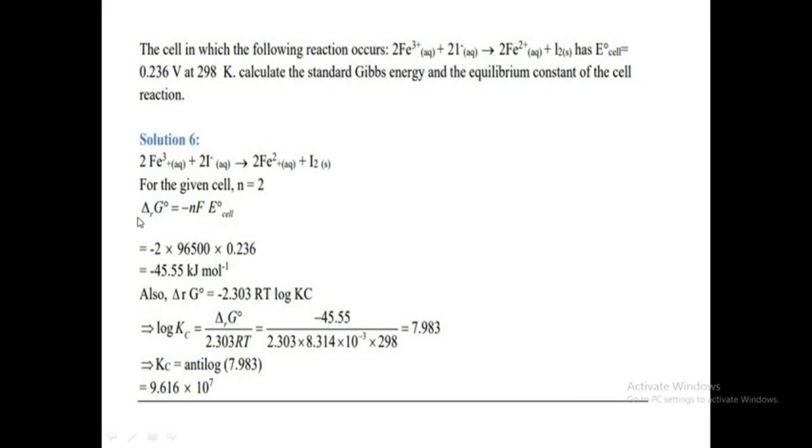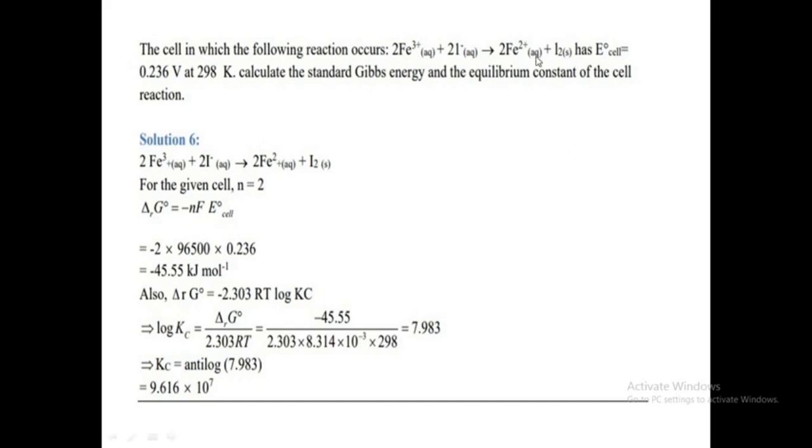So we already know that delta G naught equals minus nF E naught cell. And in the reaction, we have to determine the value of n. And the value of n is 2. Okay, 2 into 3, 6 positive charge in case of iron on the reactant side, and in case of product 2 into 2, 4.